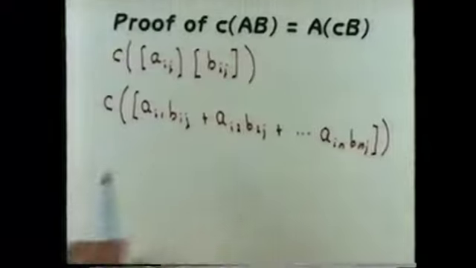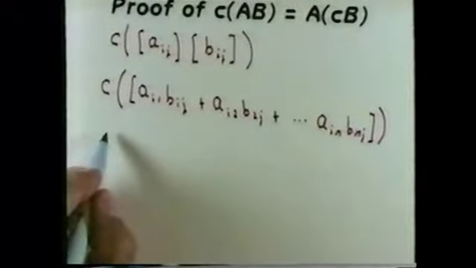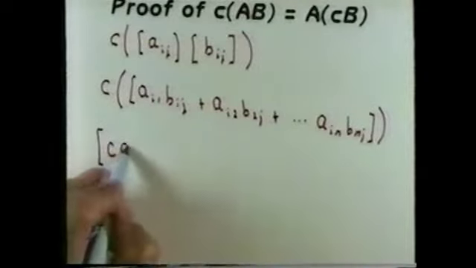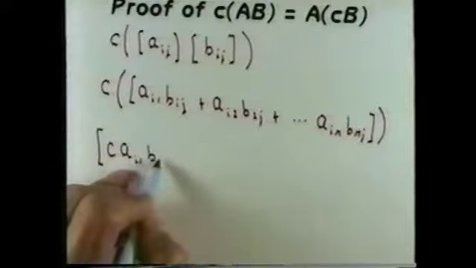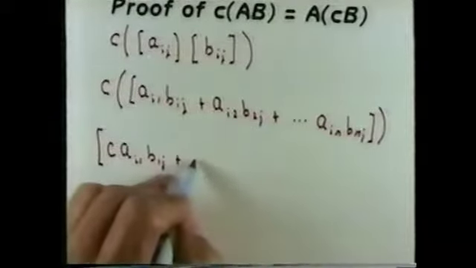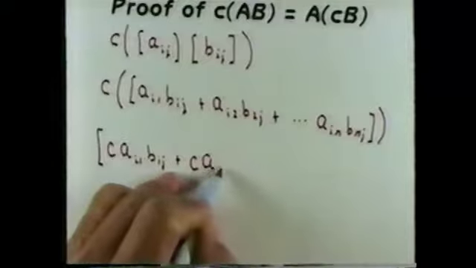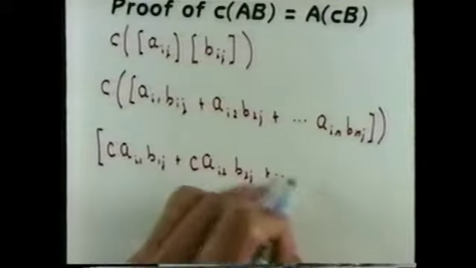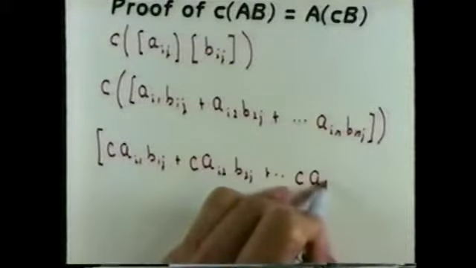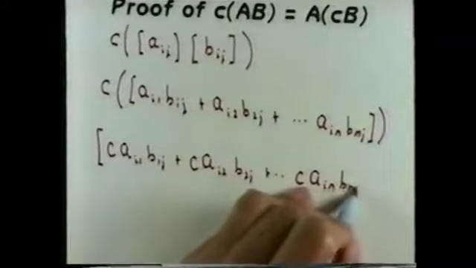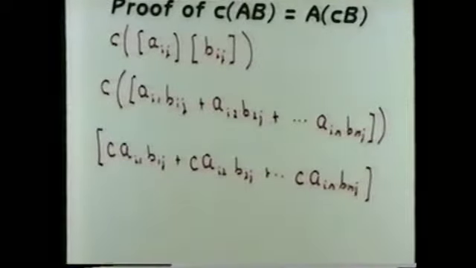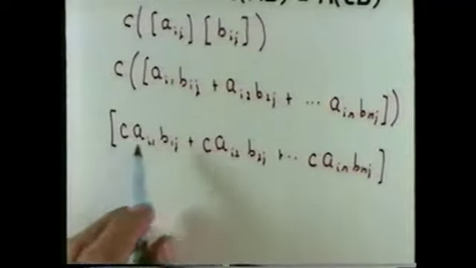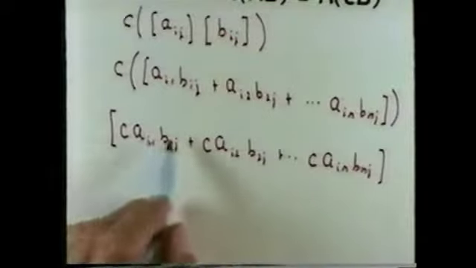Well, I can multiply C by the elements. So that's going to be C Ai1 B1j plus C Ai2 B2j plus C Ain Bnj. Now, these are all just real numbers.